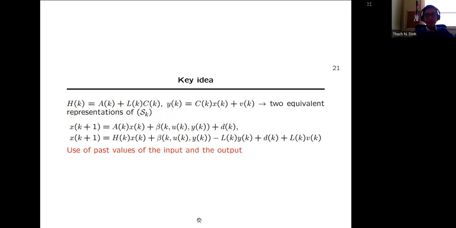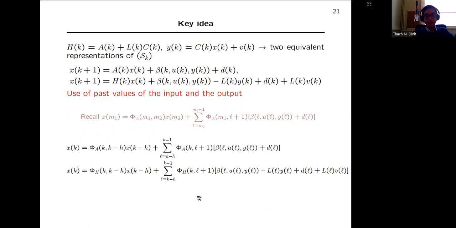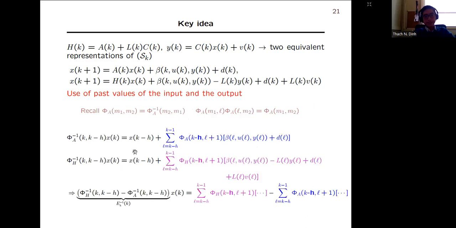The key idea is quite similar, so I will go quickly. We just replace A power M1 minus M2 by the more general form phi A M1 M2. We apply that to the two representations of SK, and we obtain the two following relations.